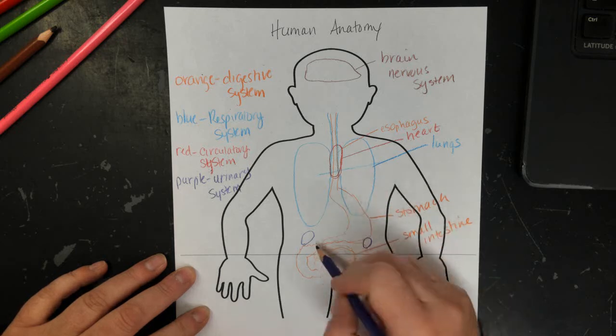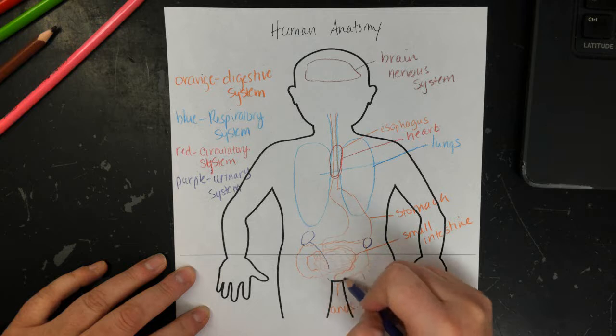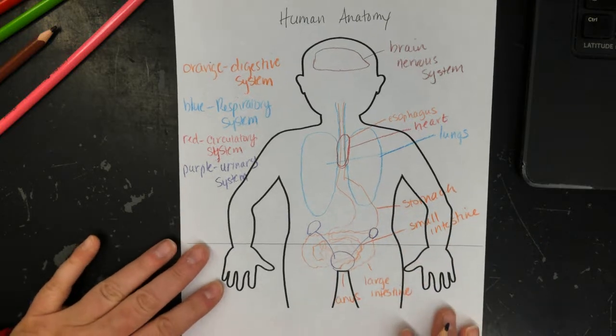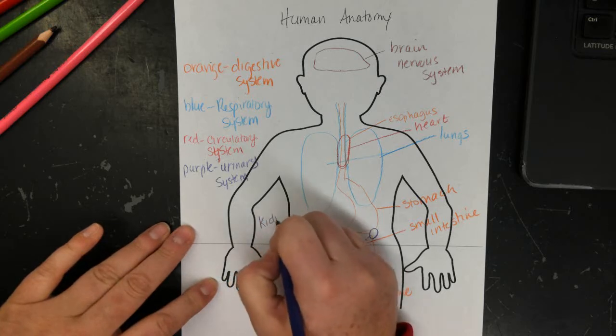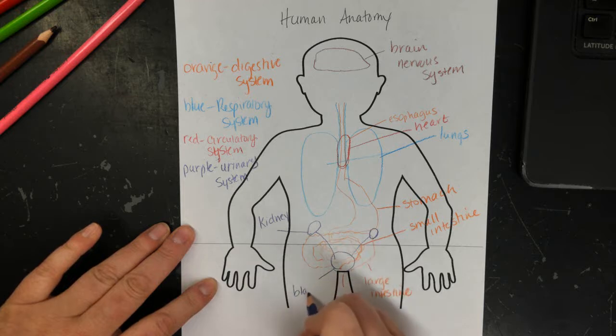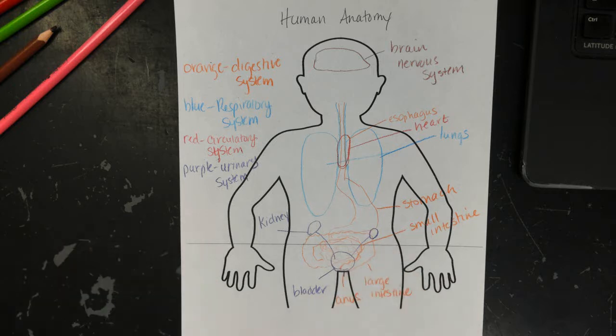And they go to the bladder. So we'll just kind of draw and put the bladder in front here. So we've got kidneys. These guys. Kidney, and then bladder. And again, you have another excretion point for your urine, different from the anus.